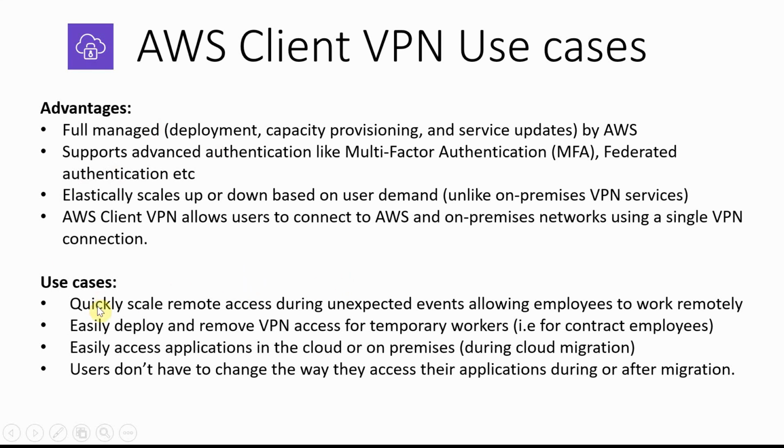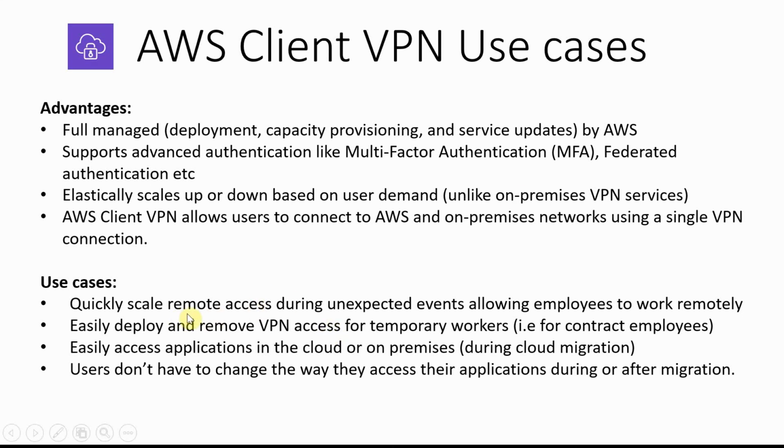And these are very common use cases. You can quickly scale remote access during unexpected events, allowing employees to work remotely. Corona is a perfect example, where most of the employees were working from home. There is a point where you need to scale up all your VPN connections, where an employee is using a VPN connection to connect to the cloud.